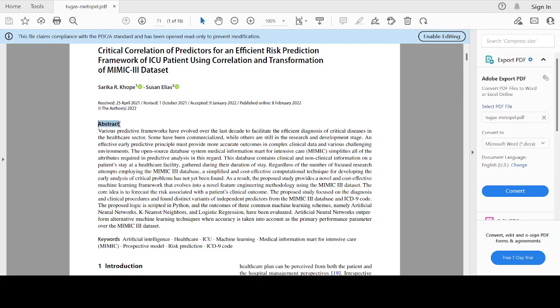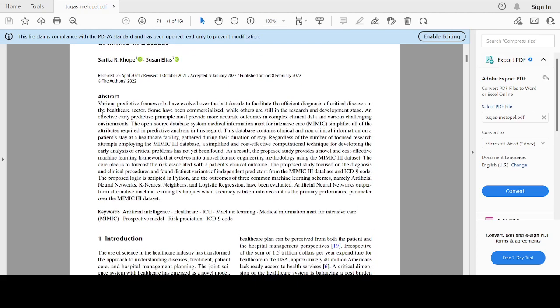So this is the go-to if you want a quick understanding of the research paper. Let's start with the abstract, I guess.